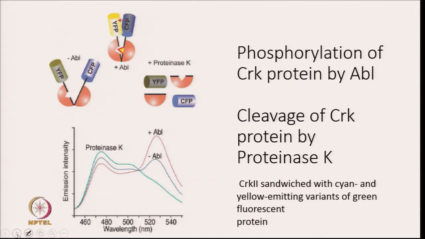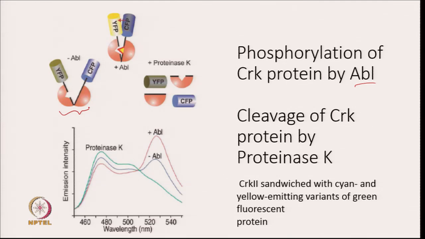One example of using FRET for your signaling process is shown here, where a FRET pair is used to look at phosphorylation of CRK protein by ABL.